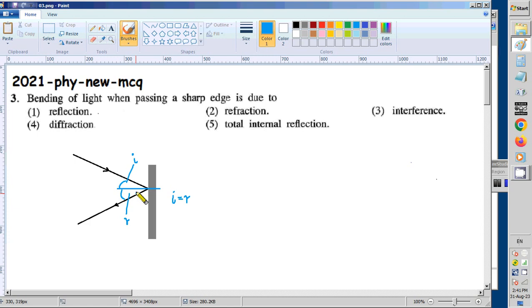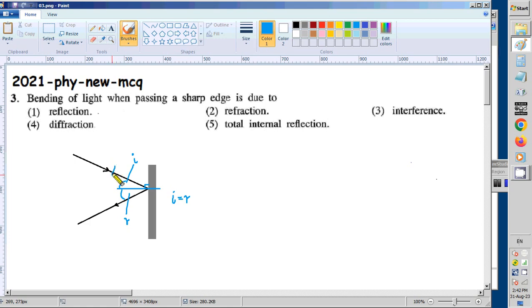The next rule is that the incident ray, the reflected ray and the normal at the point of incidence all lie in the same plane. This normal is at right angles to this boundary.